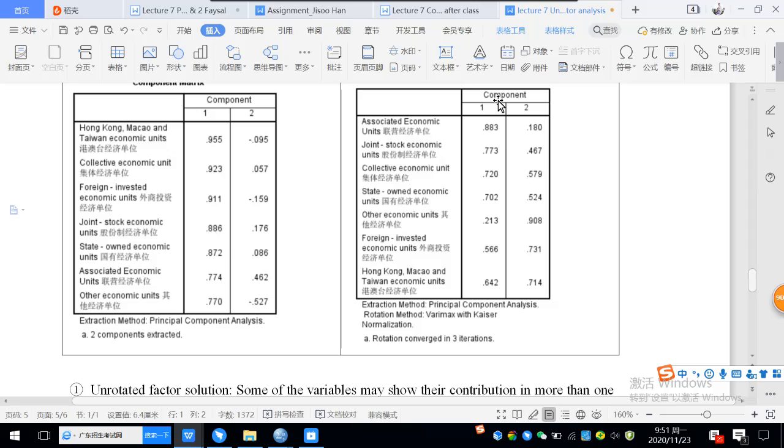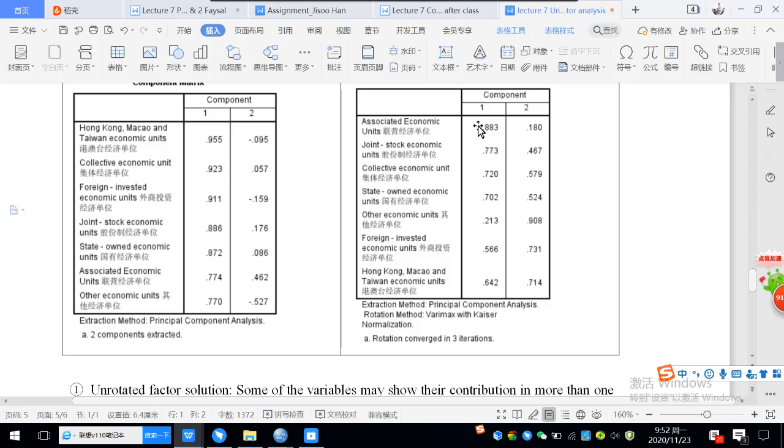After rotate, let's look at here. In component 1, associated economic units, the coefficient is the biggest, 0.883. Then joint stock economic units, 0.773. Next, collective economic unit, 0.720, and state-owned economic units, 0.702.